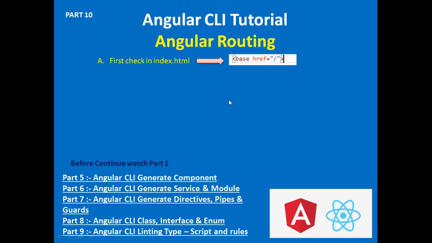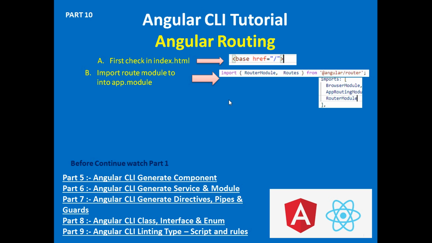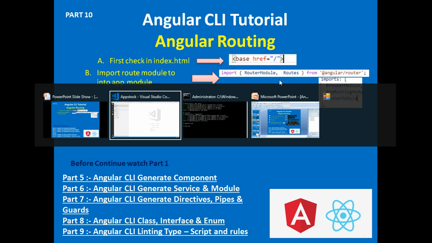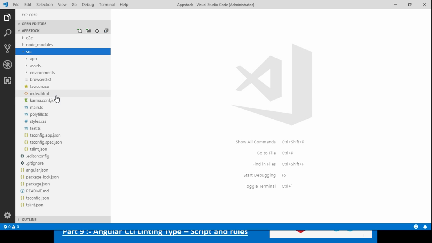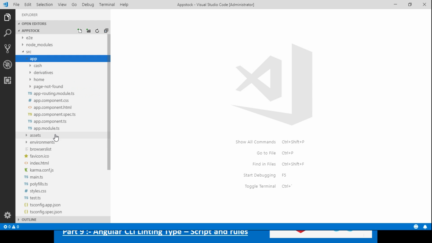Now the next step is to import the router module into the app module using an import statement. Go to the app module in the source folder, app folder, the default root app module.